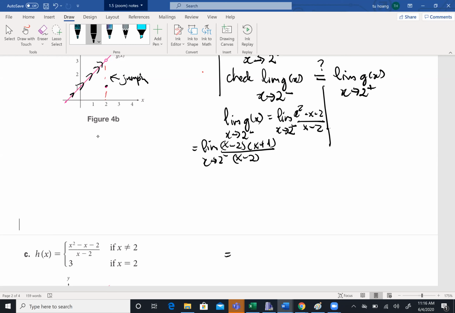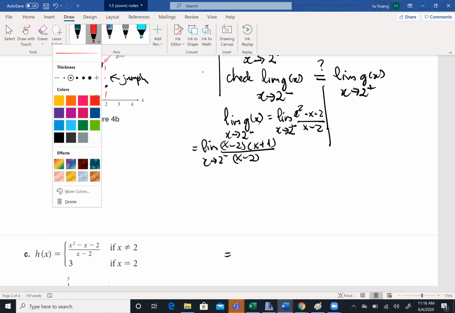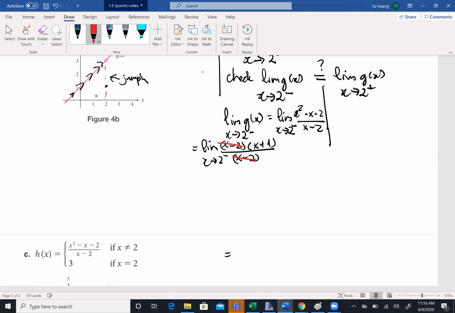And then you still cancel this factor, and you will get the same as above. So direct substitution of 2 gives 2 plus 1 equal to 3.